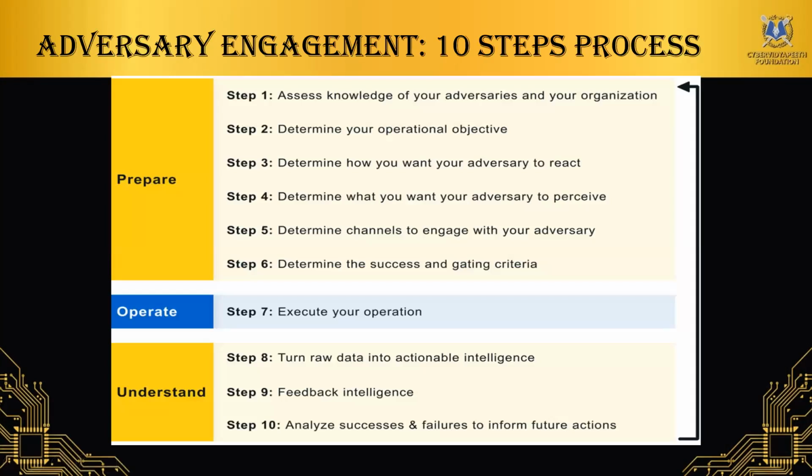So these are the 3 large steps, and these are the 10 deeper steps. First is Prepare. Step 1 is assess knowledge of adversary and your organization. How do you do that? First, you must know how secure you are.